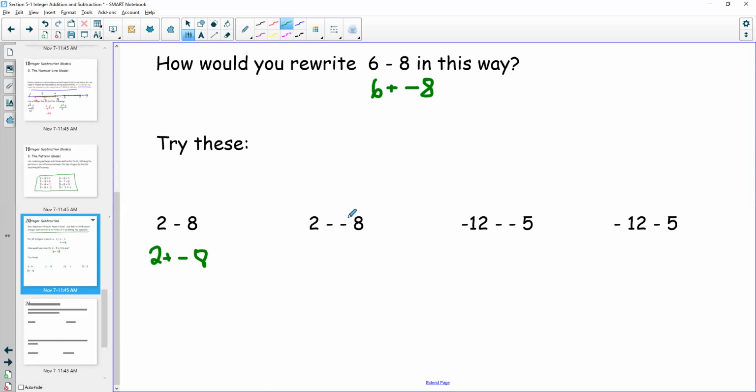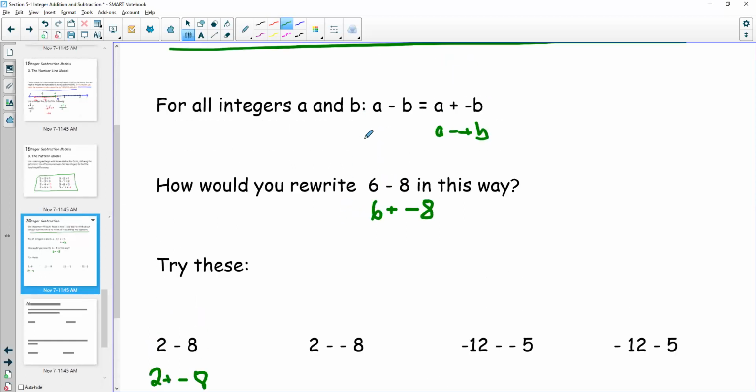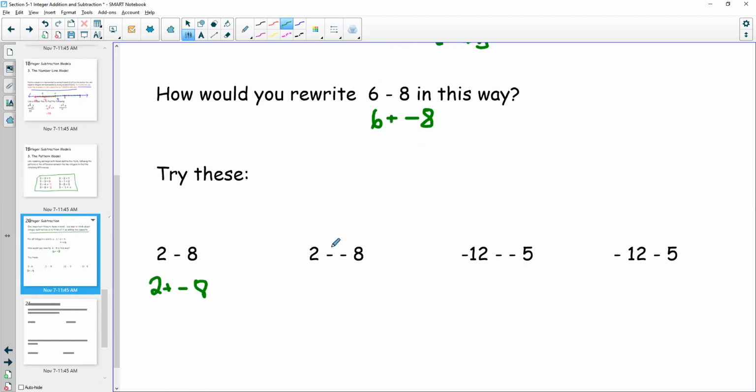Well, think about it. I can rewrite as adding the opposite. So if I'm adding the opposite of this, I'm really doing 2 plus 8. Minus minus makes a plus. This is how you get there with kids, right there.